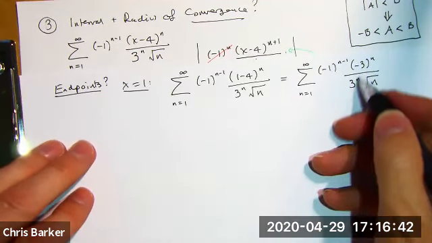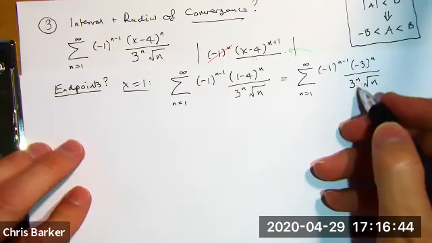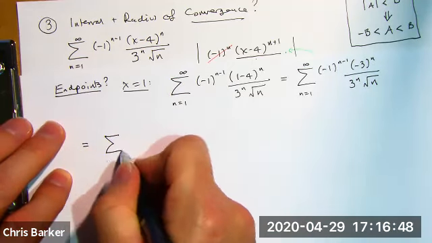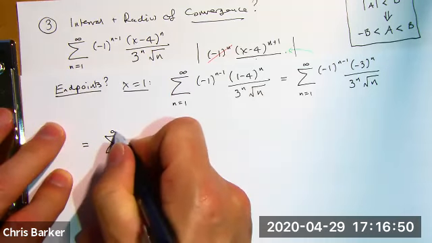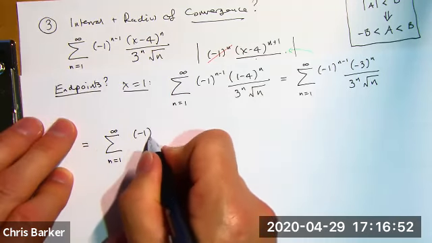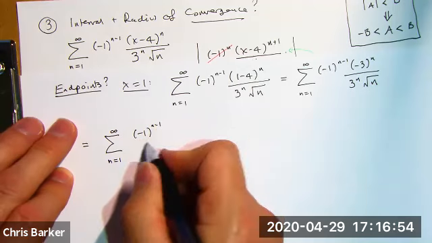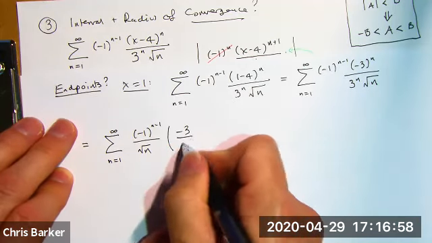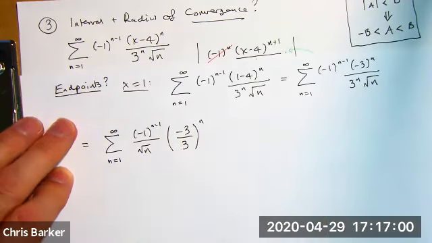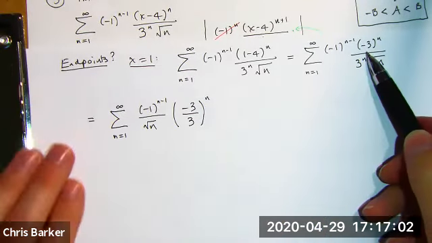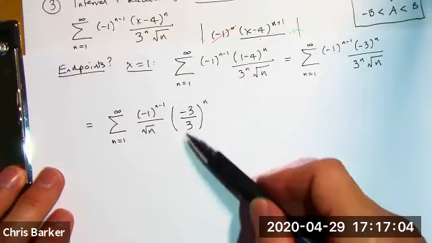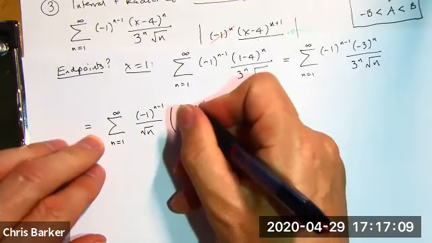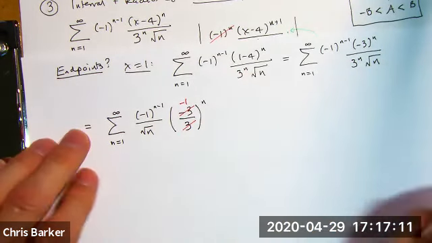Now these, you could merge them into the same fraction. Let me rearrange the order I'm writing everything. They both have the same power. I'm going to write this as negative 1 to the n minus 1 over the square root of n times negative 3 over 3, both to the n. You okay with my rearranging there? Okay. Now it's written that way, I can reduce the inside of this down to negative 1.